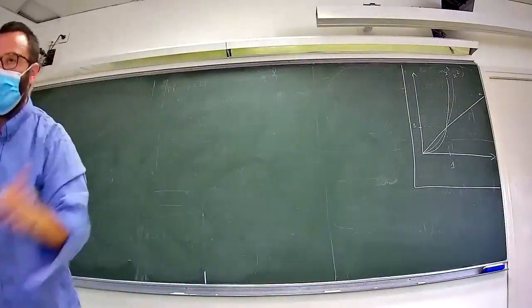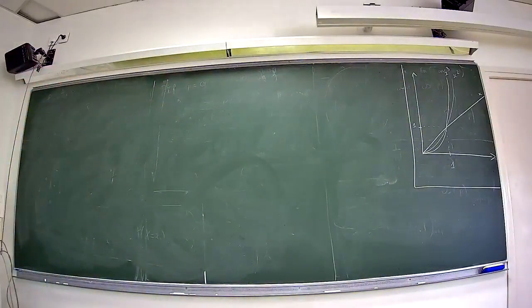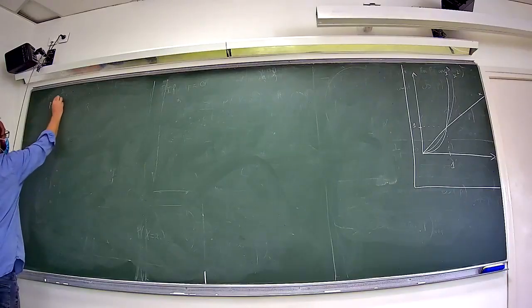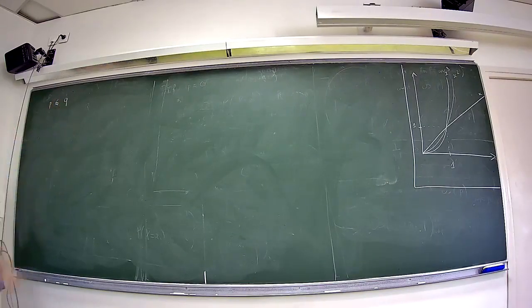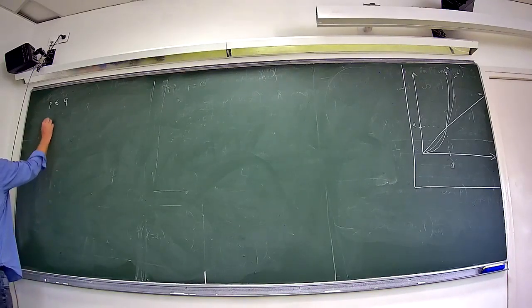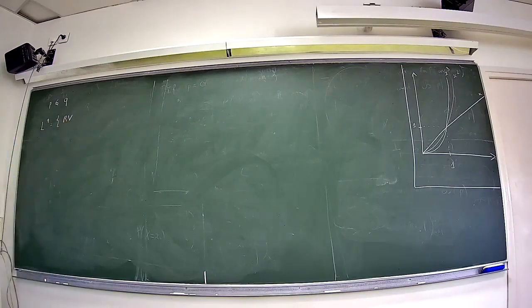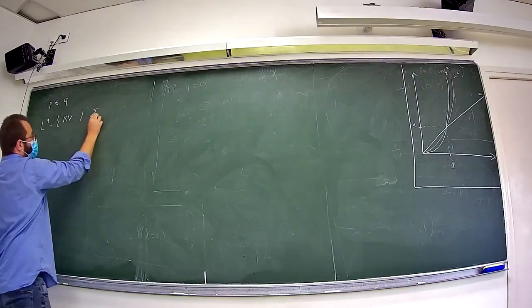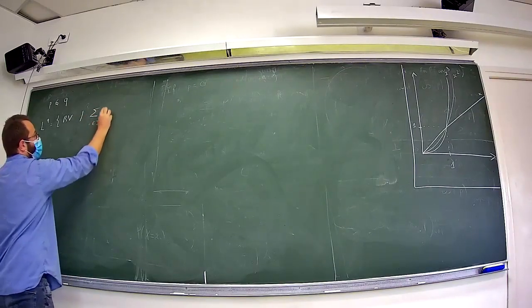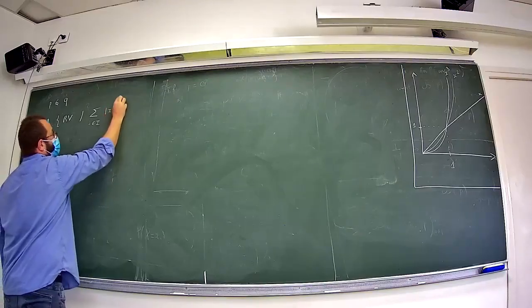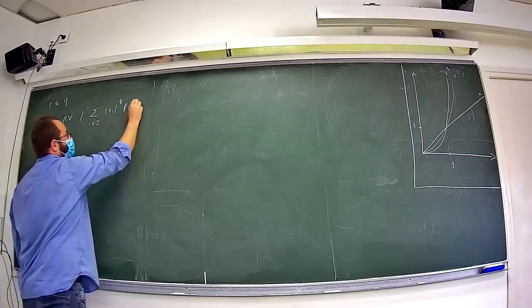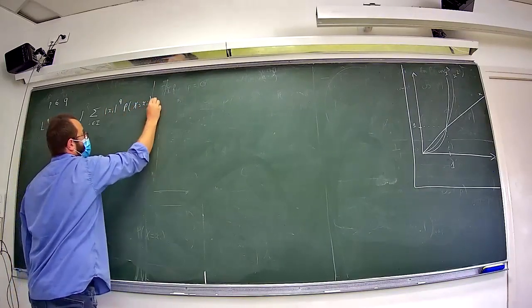If I have a look at my proposition, I have p that is less than q. Two numbers, p less than q. What is Lq? Lq is the set of random variables, RV in short, such that the sum over i belonging to capital I of |xi|^q times the probability that X equals xi is finite.